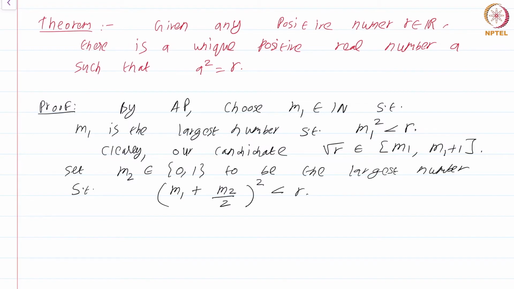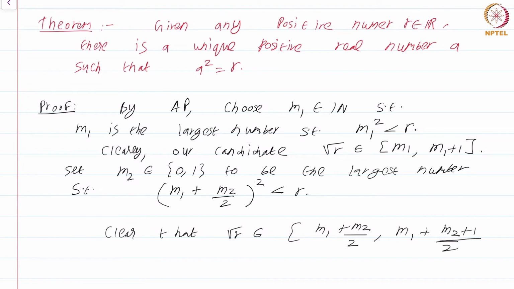Now, again, by our choice, it's clear that the required square root of R is contained in the interval m1 plus m2 by 2, comma m1 plus m2 by 2 plus 1 in the numerator.